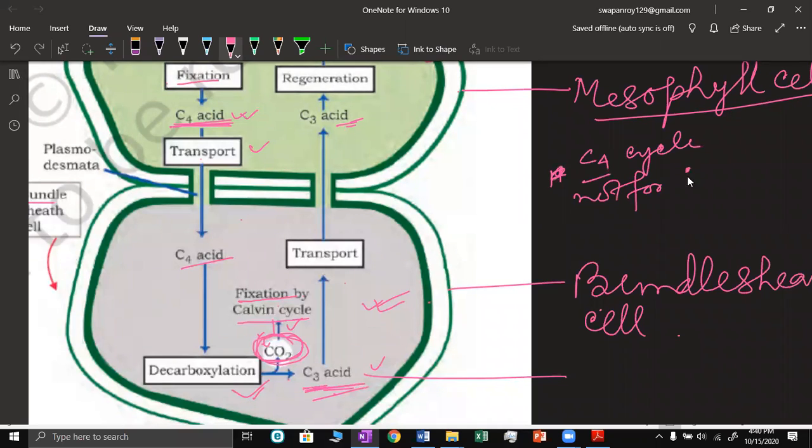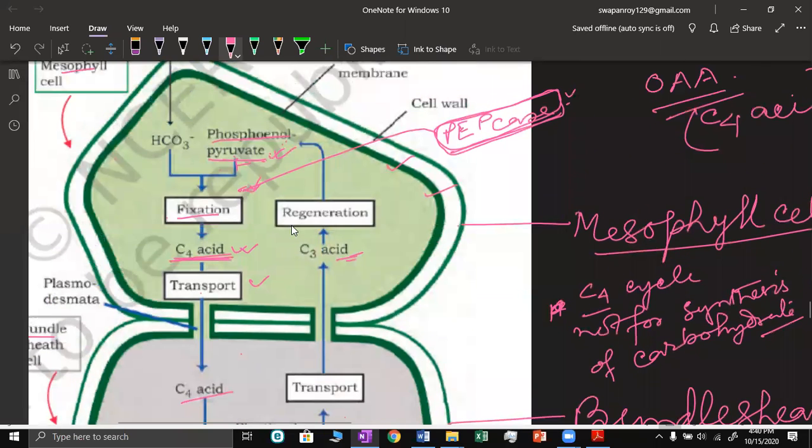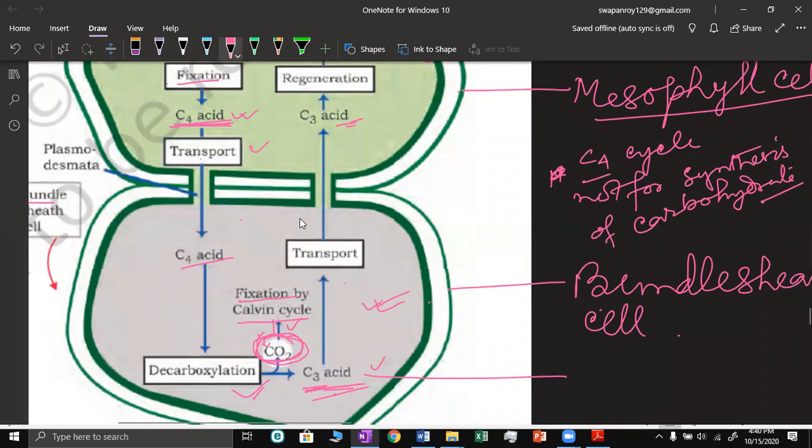That is not for synthesis of carbohydrate or sugar. But what it is doing actually, it is just working as a supplier agent.